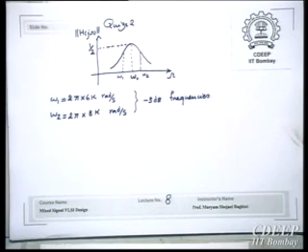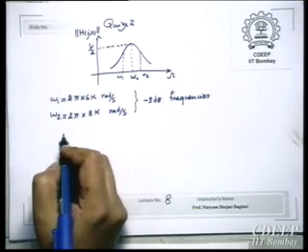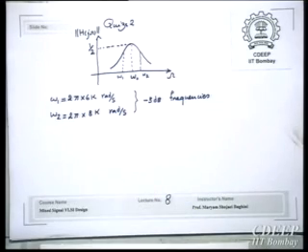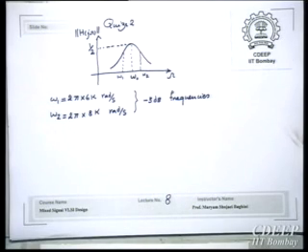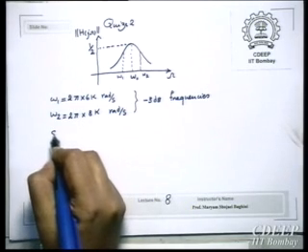Okay, so we want to design a simple LC ladder filter for this, and then you need to convert low pass to band pass. The relation for conversion also is this.